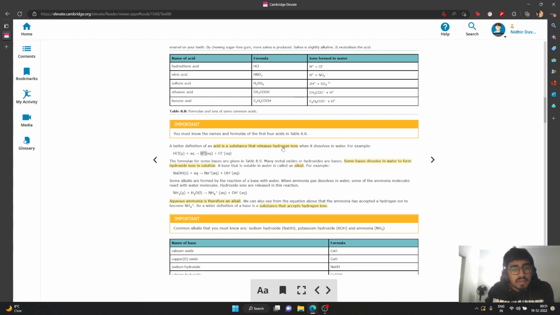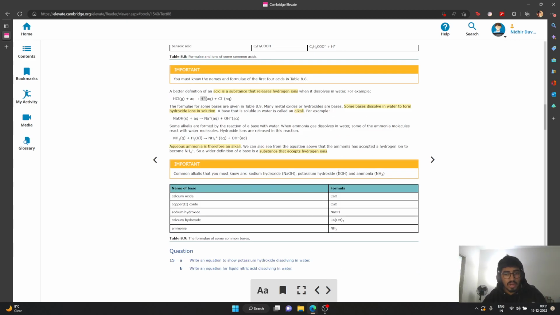Then the next thing that they wanted to talk about is, how do you define bases? They say that all acids release hydrogen ions, but some bases, not all bases, dissolve in water to give you hydroxide ions. If you look at these base examples, there are some oxides, and then there are some hydroxides, and then there's also this ammonia, which looks a little different, right?